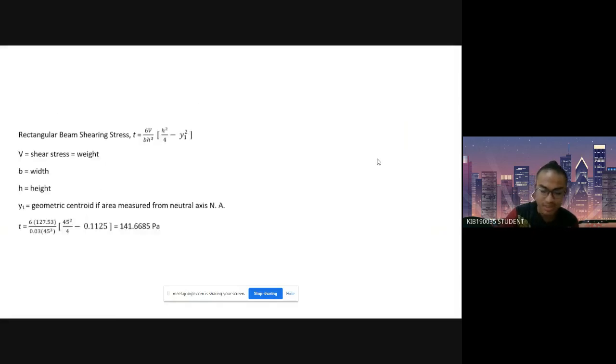Next we will be calculating the shearing stress. We derive from the cylindrical shearing stress formula to the rectangular beam. From the formula that you can see, the V represents the shear force, which is the weight that we apply onto each leg, and the letter B represents the width of the rectangular beam, which is our leg, and the H will be the height of the chair legs.